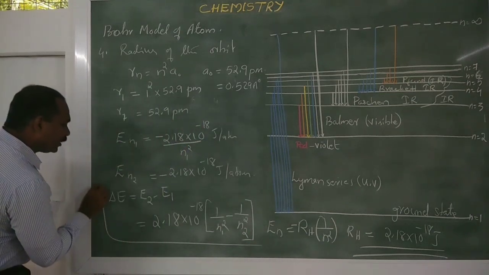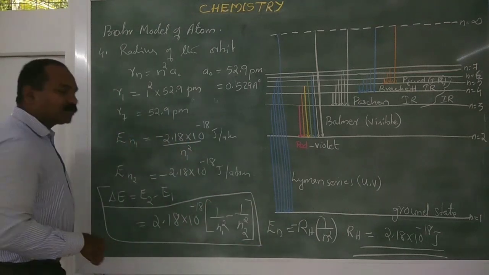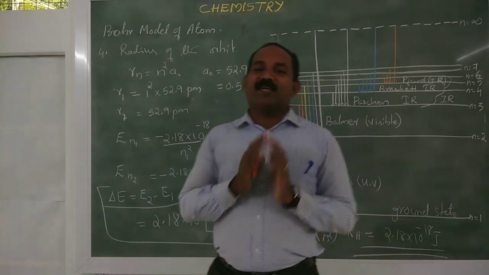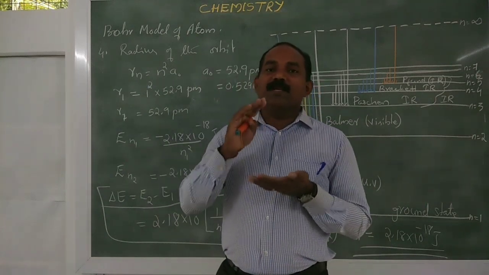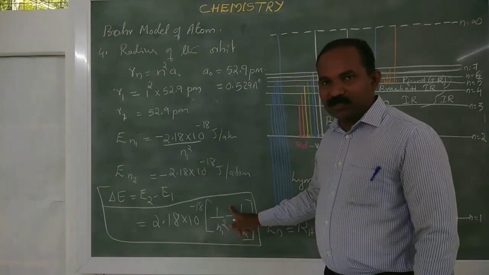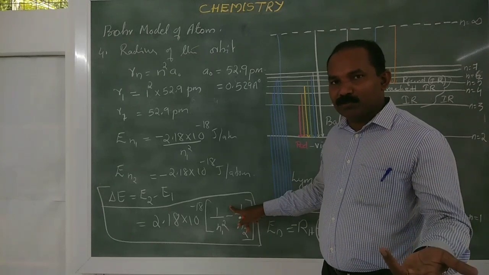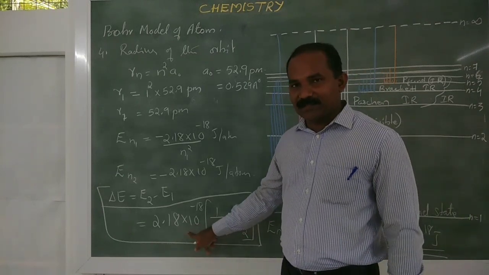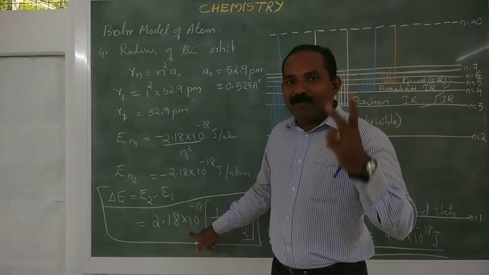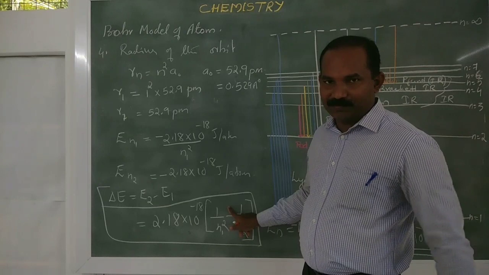This is the energy of electron transition between the two levels. The energy change between the two levels can be calculated by using this equation. It can be expressed also in electron volt, also in kilojoule. Only the constant changes. So the energy difference between the two levels can be calculated by using this equation.